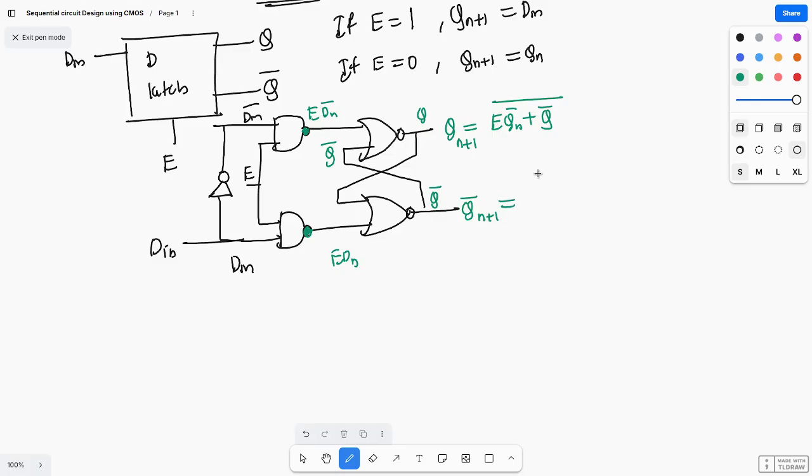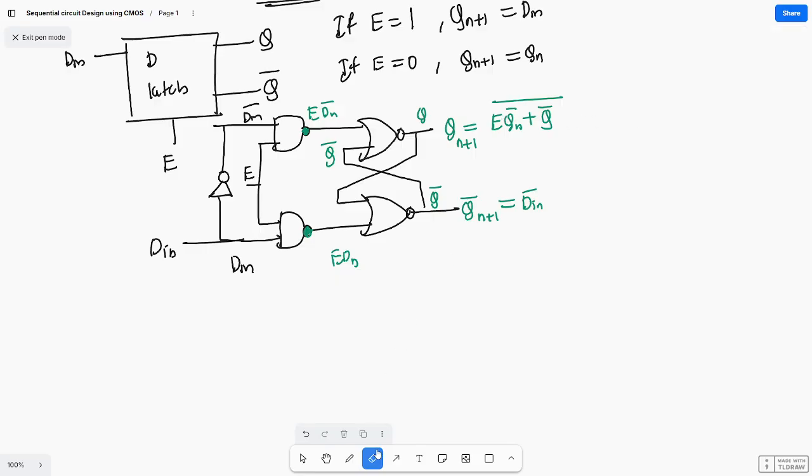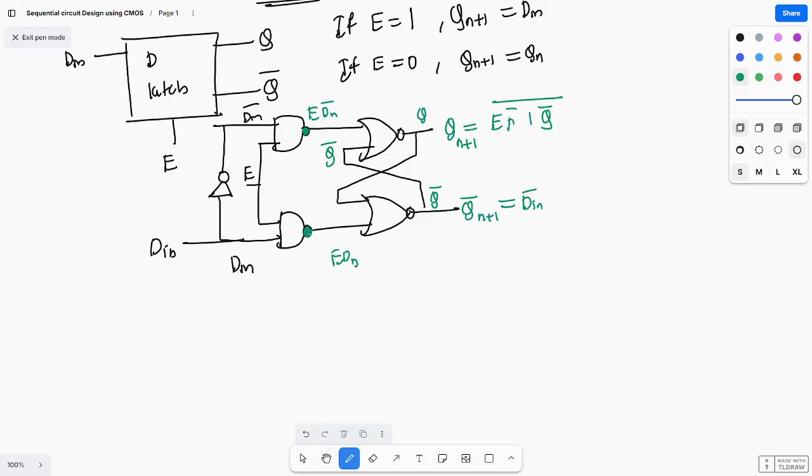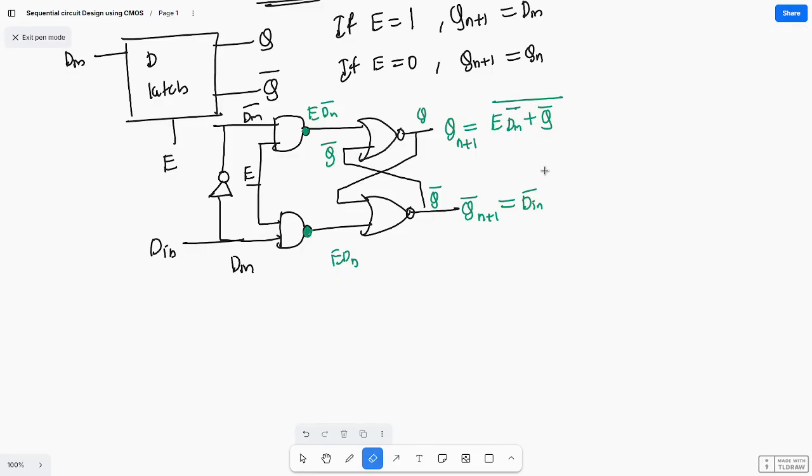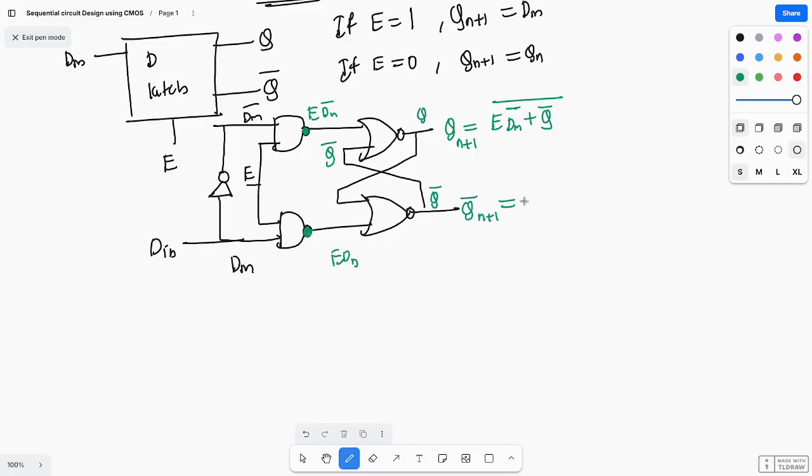Qn plus 1 bar equals the complement of E into D in plus Q, that is E into D in plus Q whole bar. So you got these two equations, Q and Q bar.